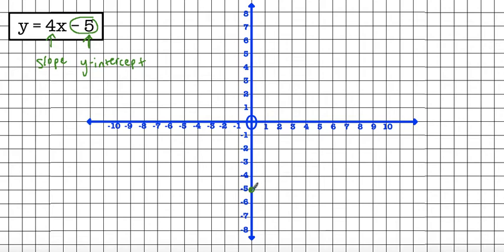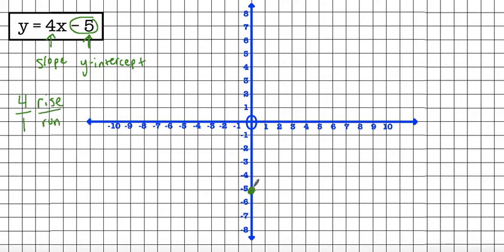So I'm going to plot a coordinate here at negative 5, and our y-intercept is always when x equals 0. Here our slope is 4. Remember, it's much easier if we write it as a fraction, so 4 over 1. And we know that 4 is our rise and 1 is our run.